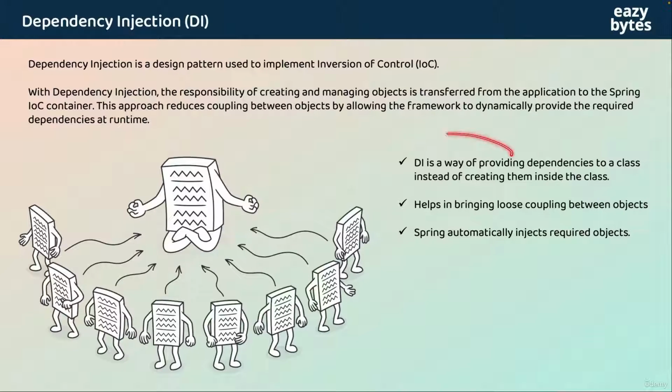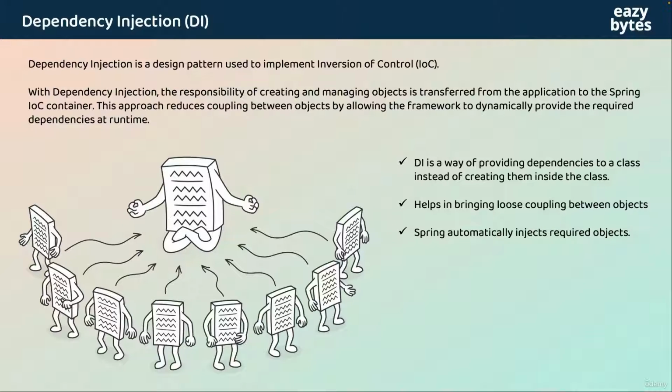Dependency injection is a way of providing dependencies to a class instead of creating them inside the class. Usually, if you build a program with plain core Java, all the required dependencies will be created within the class by the developer. But with dependency injection and IoC, it's not going to work that way. The framework will create the objects and inject them as dependencies into the class.